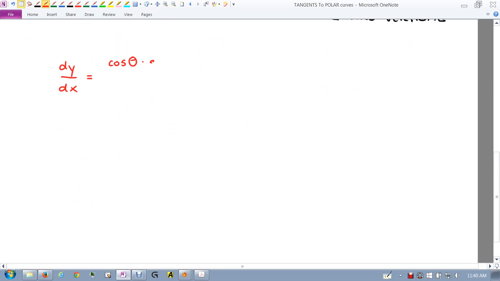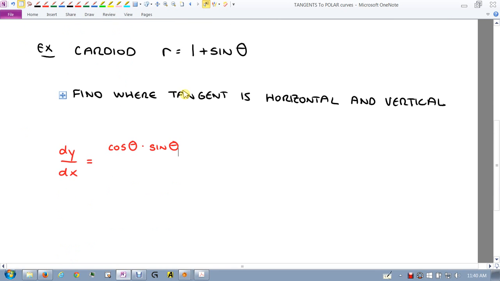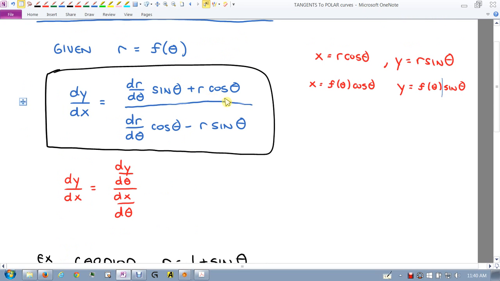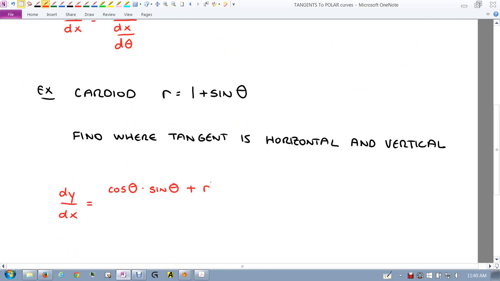So times sine theta. And then plus, what was next in our formula? R cosine theta. And that doesn't change, right? R, well, what's R? 1 plus, let's replace the R. 1 plus sine theta. And then, what was it? Cosine theta?